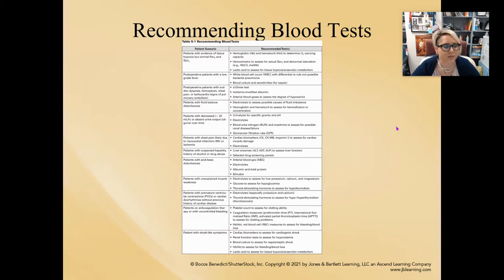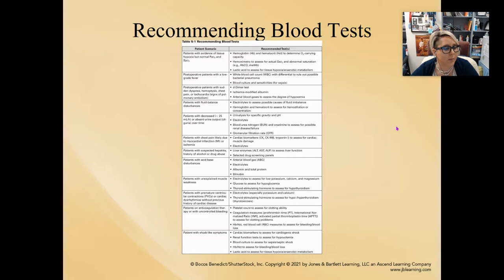We've talked about these. For post-op pain, we want a D-dimer to look for what? Remember, D-dimer goes with blood clots, right? That would be going with a pulmonary embolism. They could have an ischemia modified albumin, and ABGs to assess for the degree of hypoxemia.